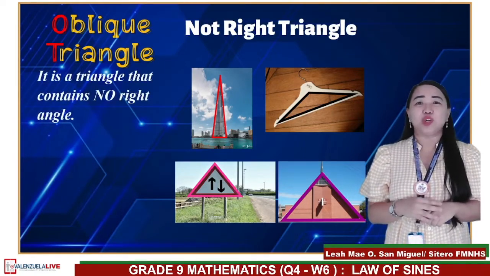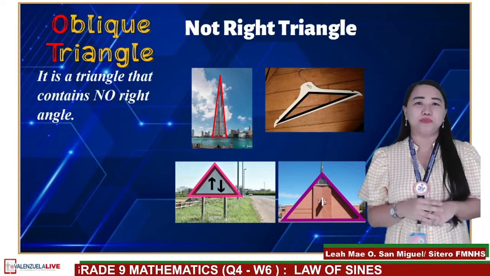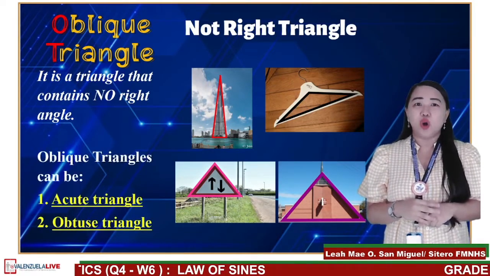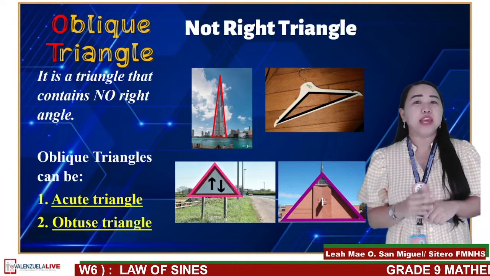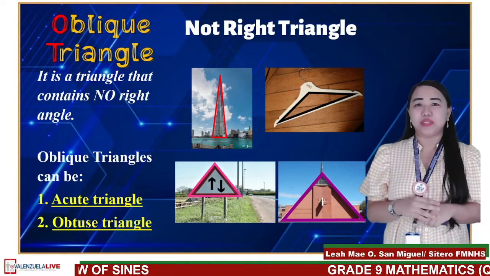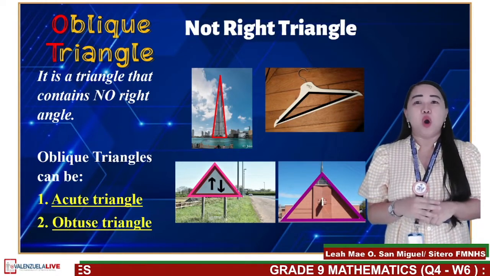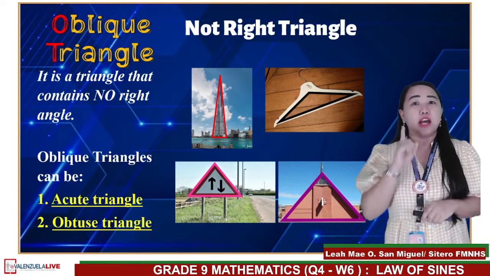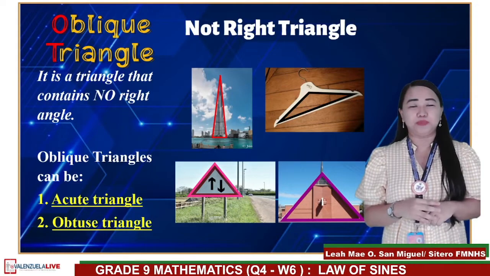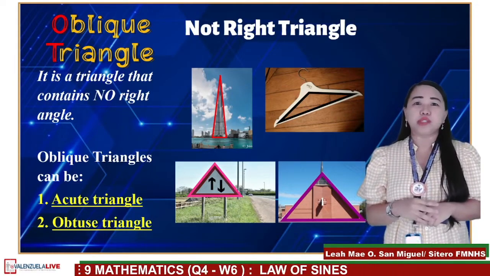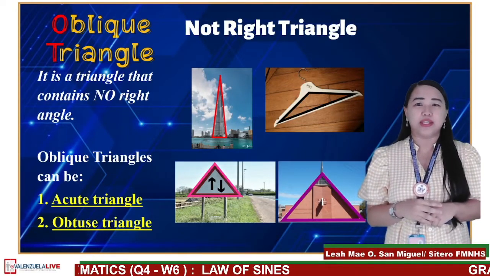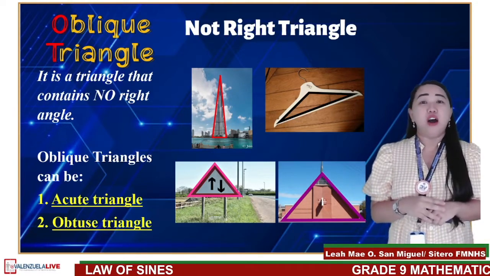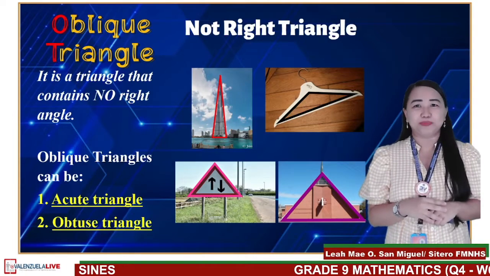This triangle contains no right angle. Oblique triangle can be acute triangle or obtuse triangle based on the angles they contain. In an acute triangle, all angles are acute, while an obtuse triangle has one obtuse angle. There is only one obtuse angle in every obtuse triangle, and the remaining two angles of obtuse triangle are acute angles.